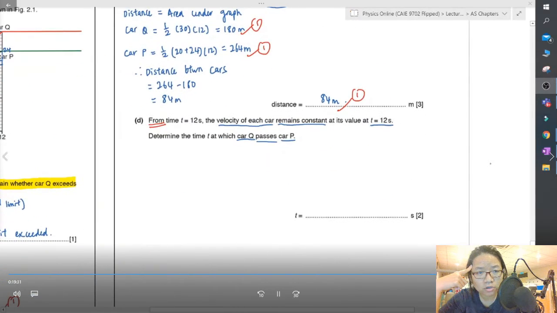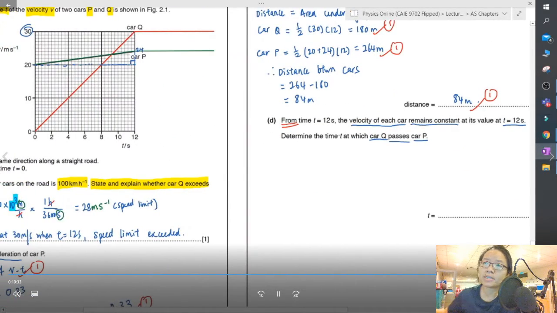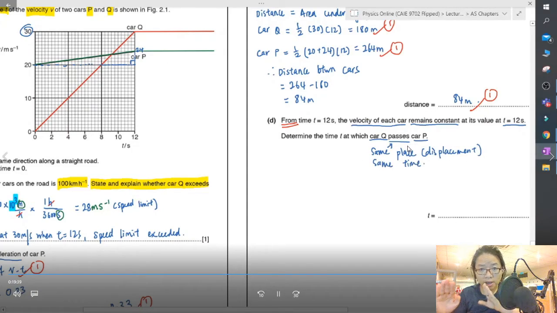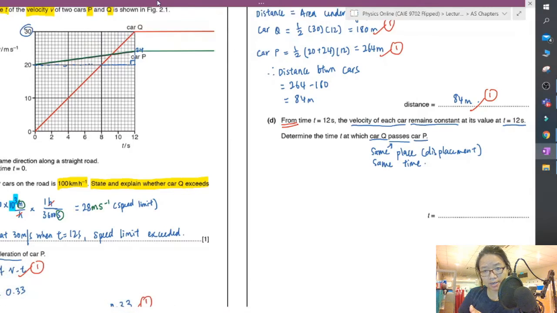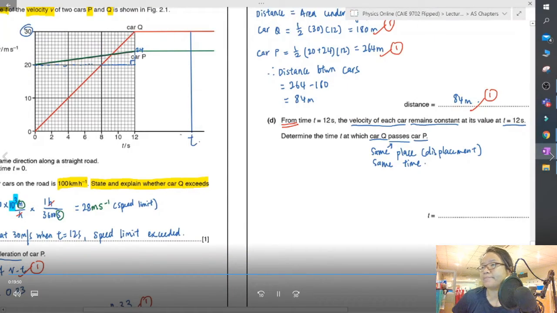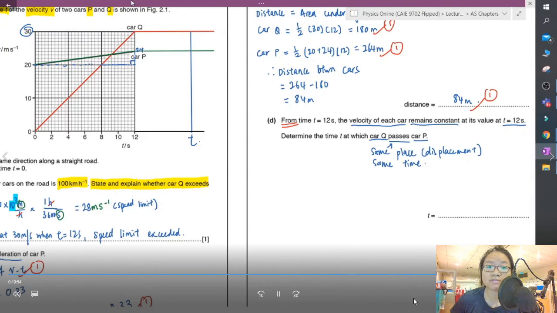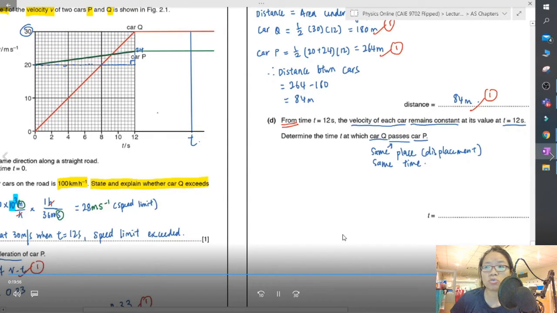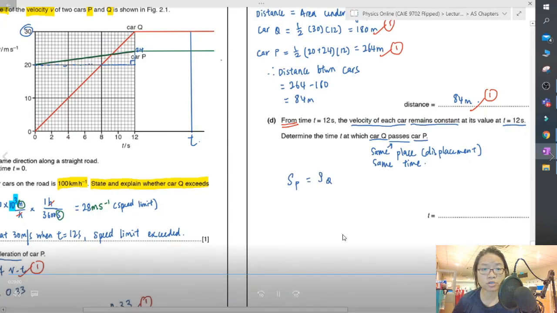So that time t is where the cars meet, because if you want to have one car pass the other car, you must be at the same place at the same time, meaning the displacement has to be the same. Okay, so let's say this is time t. I need to find the area under both the red and green graphs. A good place to start will be SP is equal to SQ.